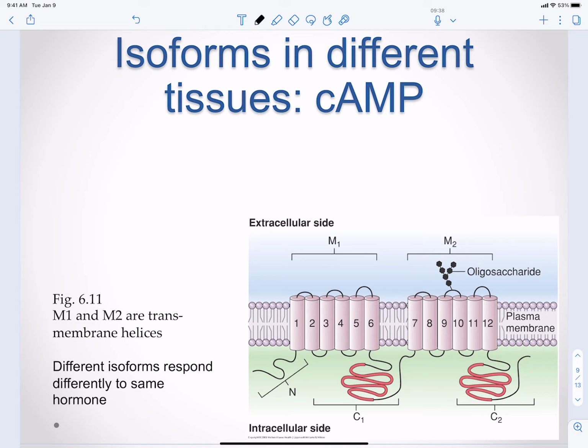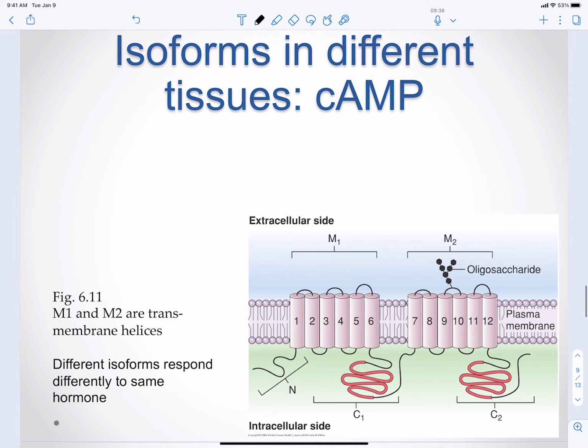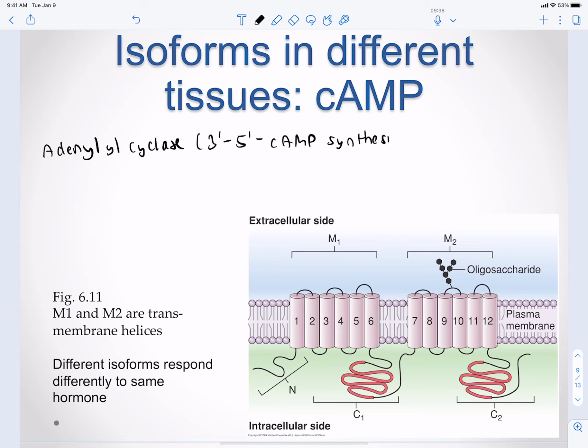So we have adenylyl cyclase. And this is 3', 5' cyclic AMP synthesis. So these are important because they form cyclic AMP after some hormone stimulation. There are 9 isoforms.